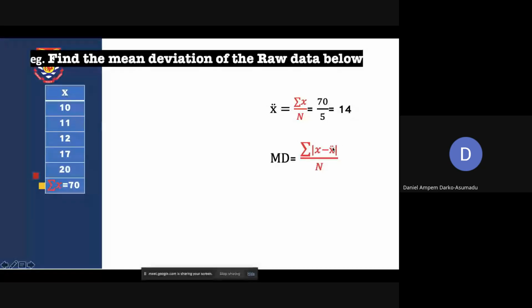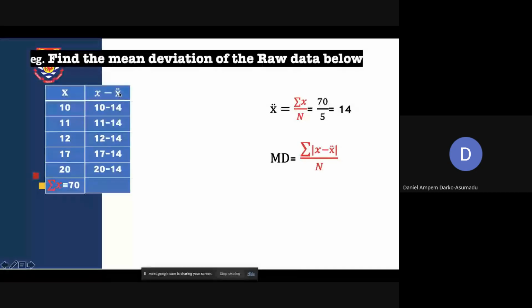Once we have found the mean, the formula says to subtract it from the individual scores. So 10 minus 14, 11 minus 14, 12 minus 14, 17 minus 14, 20 minus 14. When you do that subtraction, you get -4, -3, -2, 3, and 6.